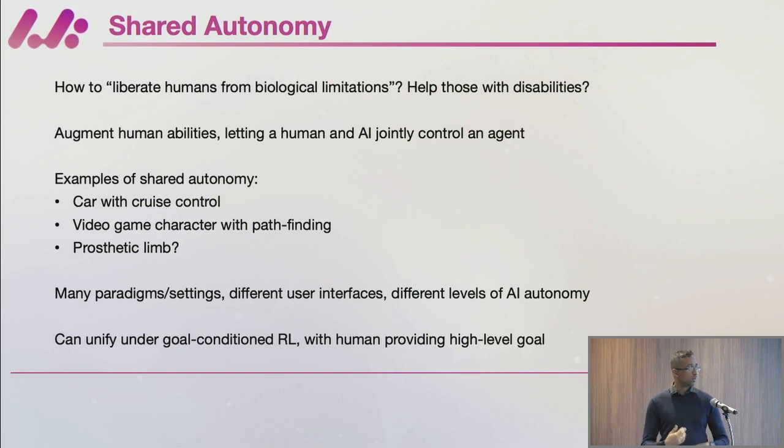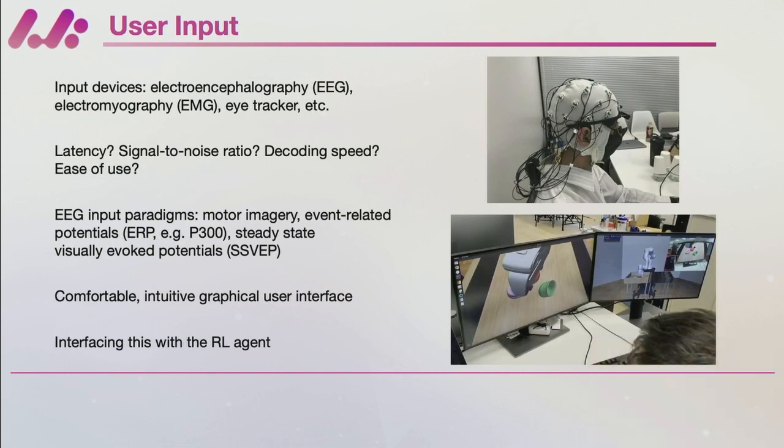There are many paradigms and settings, different user interfaces, and different levels of AI autonomy that can occur. I'm trying to work on this, formulating it under the framework of reinforcement learning again. So the human provides a goal. There are many different inputs we could be using, mainly focusing on EEG, but also EMG, eye trackers, all sorts of things like this.